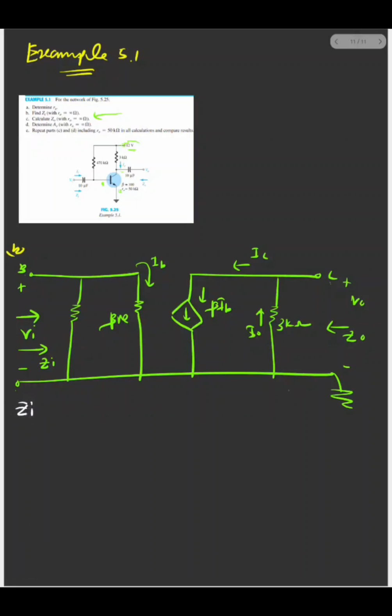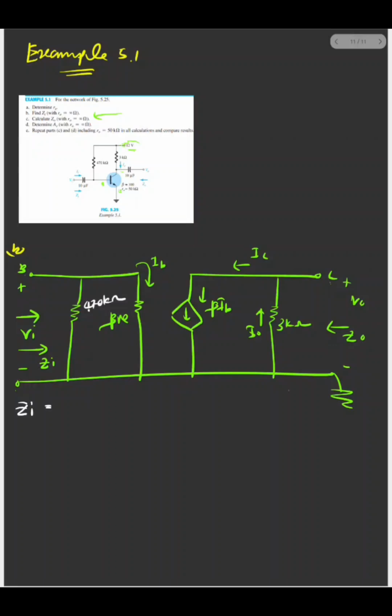Zi is equal to this 470 kilo ohm in parallel with beta RE. Beta is 100 and RE we found is 10.71.